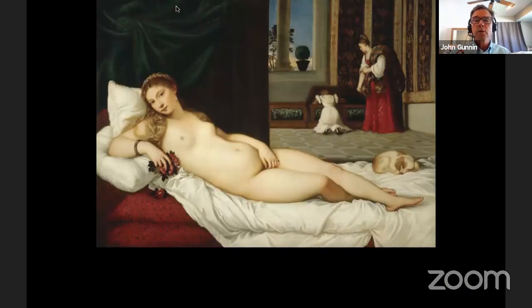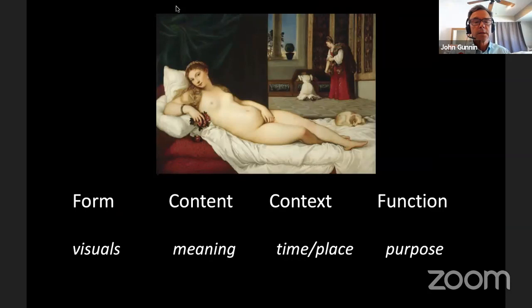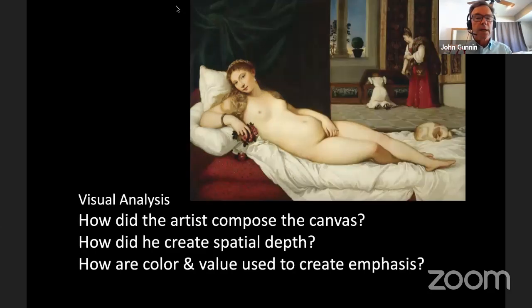Now, because this work is from the Renaissance, it's fair game for the AP test. So we're just going to take a spin through this work. I know you all did it earlier in the year, and so we'll think about some of these things as a review today of the visual analysis of the Titian Venus of Urbino.